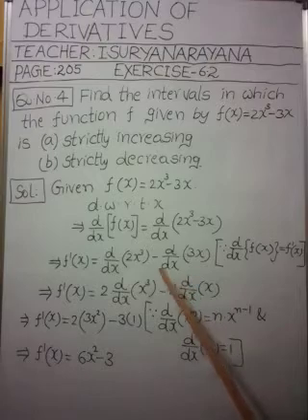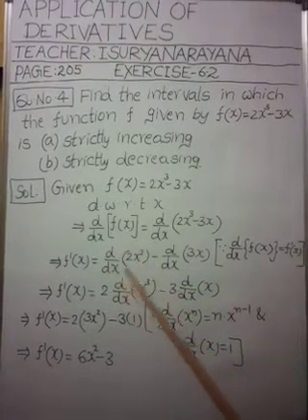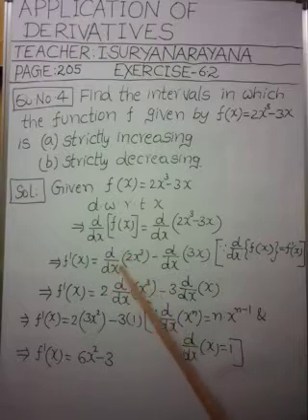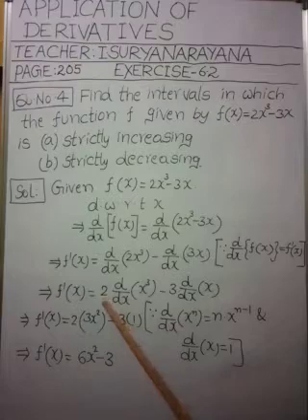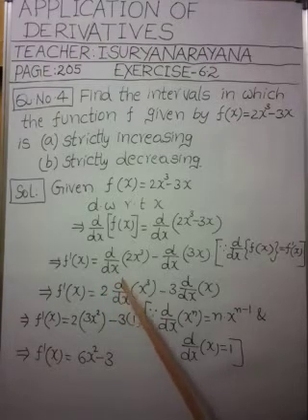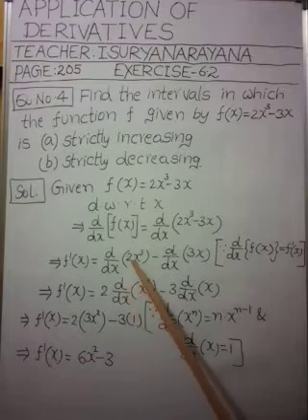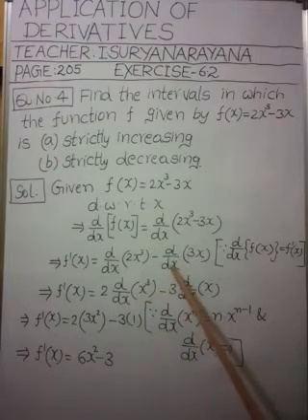Now come to RHS. First let us find the derivative of this first term. In this first term, 2 is the numerical coefficient. So we write the numerical coefficient before the differential operator d by dx. So 2 into d by dx of, then what will be left here? X cube. Understood this first term? Right. Minus. Come to the second term.